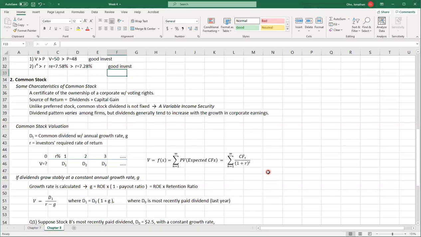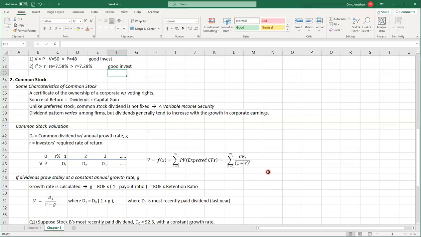The first one, bonds and preferred stock, we call fixed income securities. But common stock dividends are variable, so we call common stock a variable income security. If you hear fixed income security or variable income security, you have to understand why that is so.